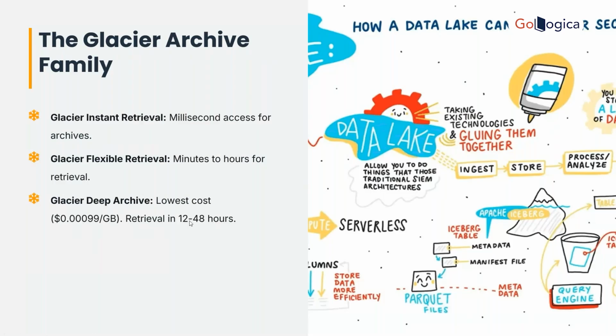You need to wait this much time, and you will be paying the lowest cost for storage. So if your data is not required instantly and you can wait for it to be retrieved, this will be the best option if cost is the only factor, but not the speed at which you are accessing. Deep Archive will save a lot of cost.